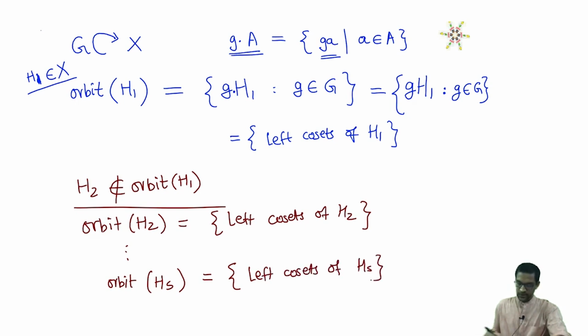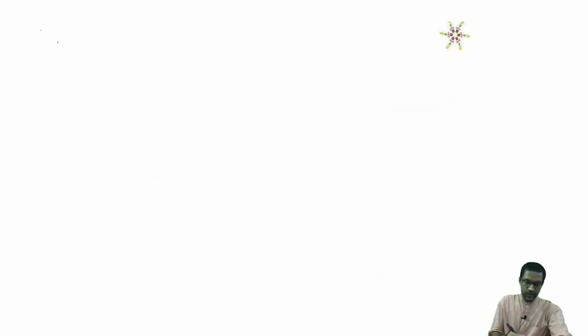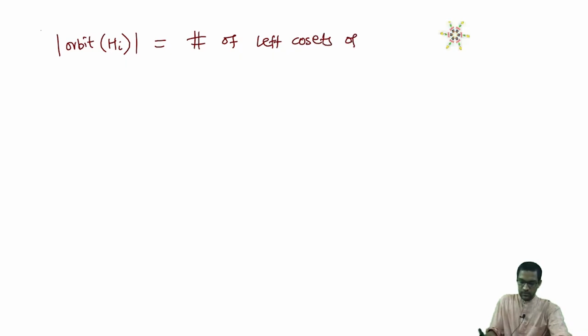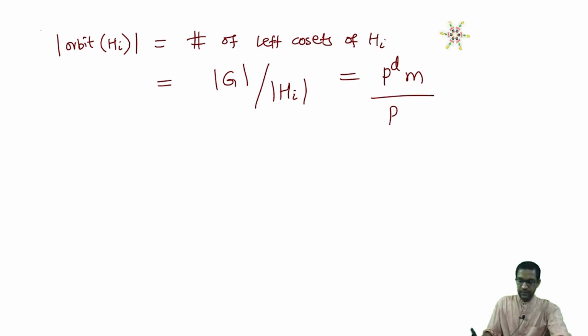Now observe, we know how many left cosets there are of any subgroup. The cardinality of the orbit of any one of the Hi by definition is just the number of left cosets of Hi, and that of course is the cardinality of the group divided by the cardinality of Hi, which in this case is p^d m divided by p^d.